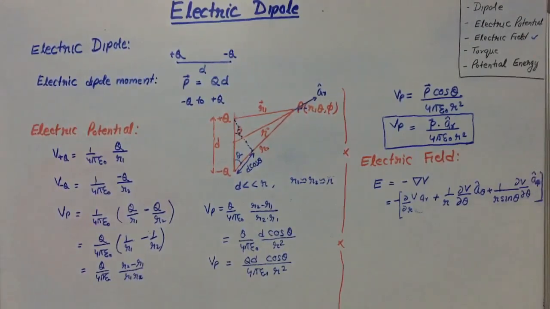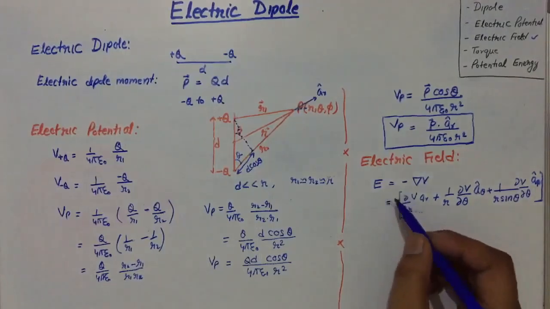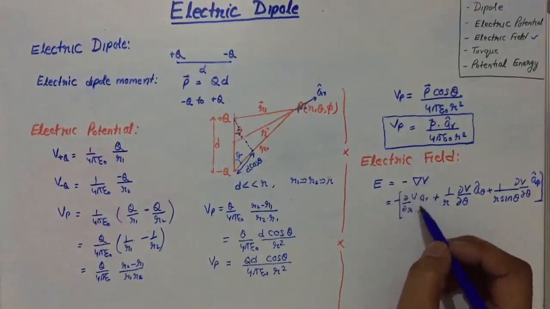Hope it is right. Okay, so in the spherical coordinate system, we can write del V like that.